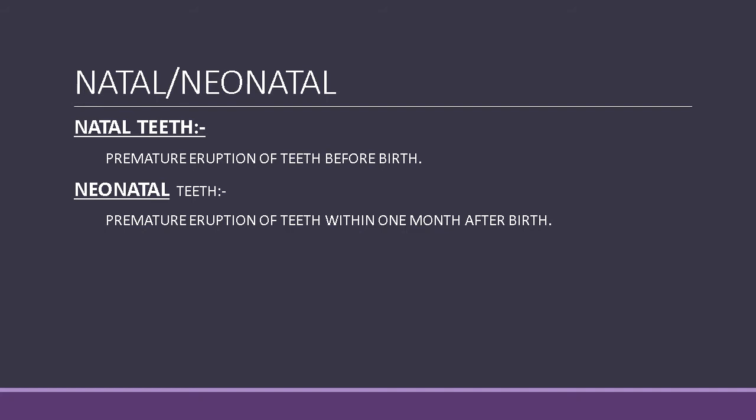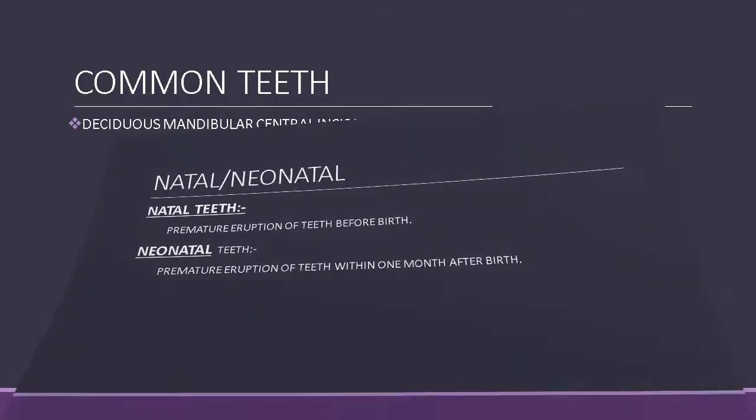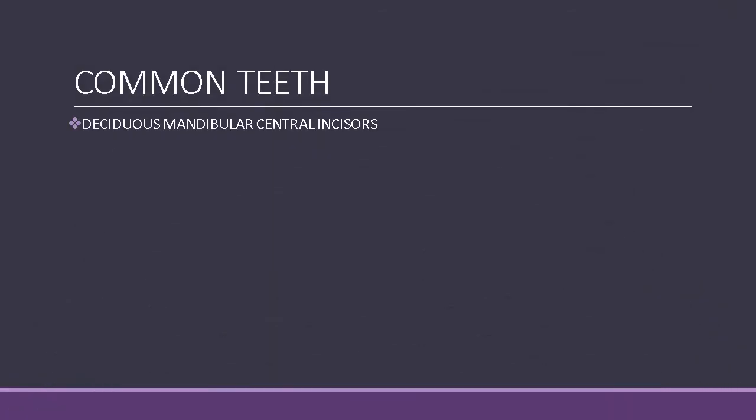But after a few days, within 1 month, there will be an early eruption of teeth, which is called neonatal teeth. The tooth involved, as I discussed earlier, is the deciduous mandibular central incisor. Although it can affect any of the teeth, the most common cases we have seen in patients are deciduous mandibular central incisors.